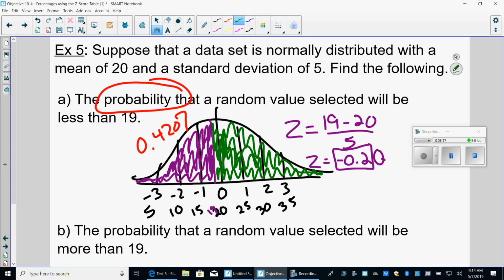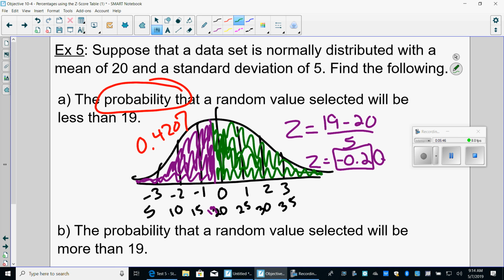If you're going to do it with percentages, you're going to subtract from what? 100, right? If you're going to use 42.07, and most people feel comfortable with percentages, you're going to subtract from 100. If you're going to use the probability, the decimal, what would you subtract from? What's it out of? One whole.